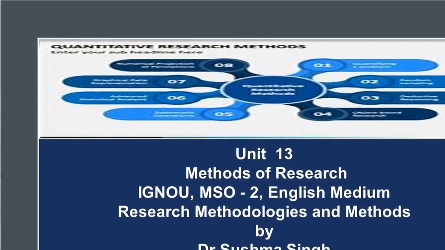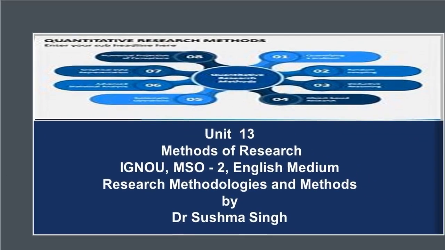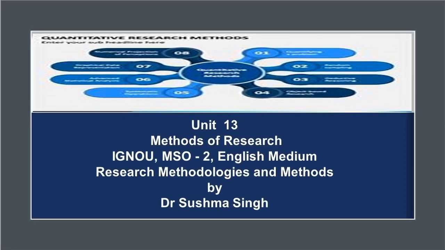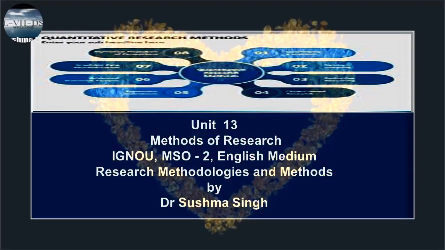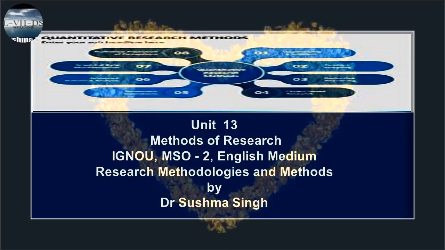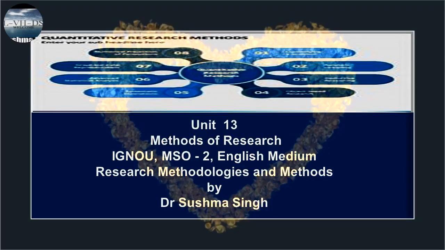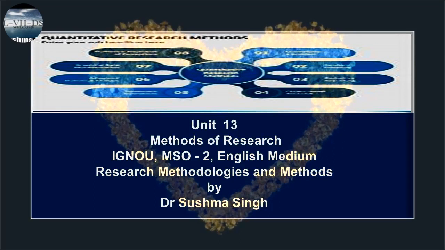Sushma Singh. Let us start discussion on Unit 13, Methods of Research. Learning about research methods would help us find out how we get to know what we take as facts.